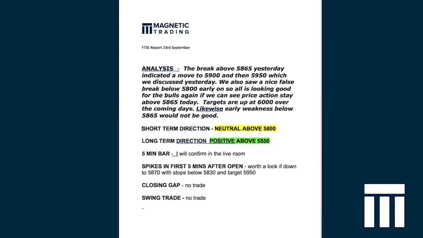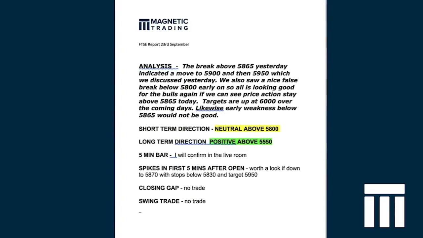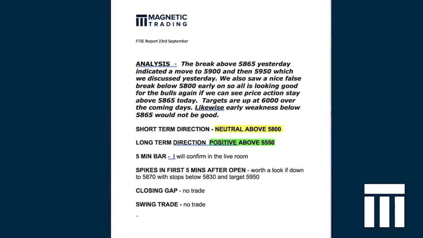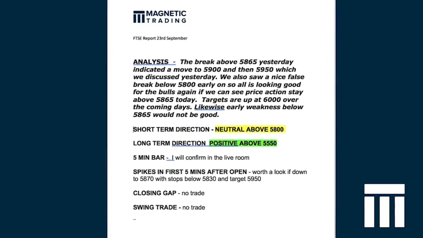Now, if we take the report on the 23rd of September, these reports we issue before the market opens, so it's basically our trade plan. And you'll see we have certain sections here. One of them is spikes in the first 5 minutes after the open.